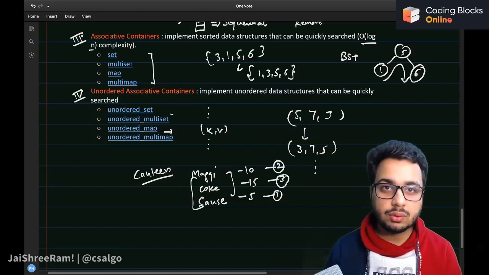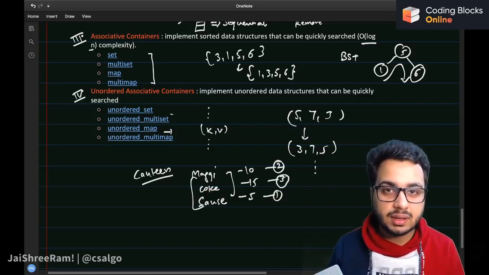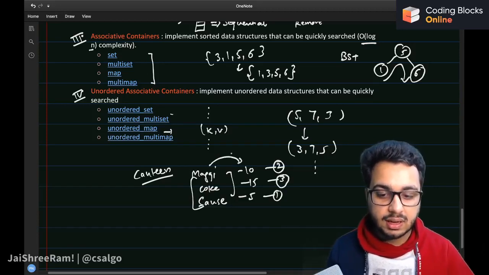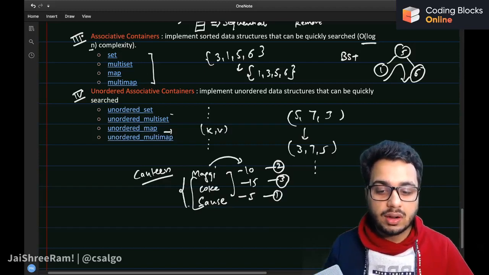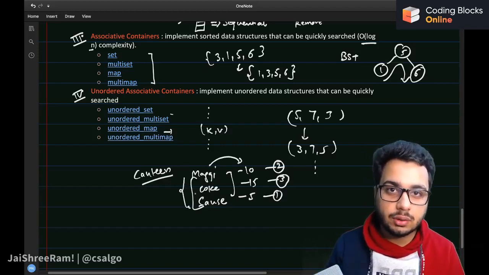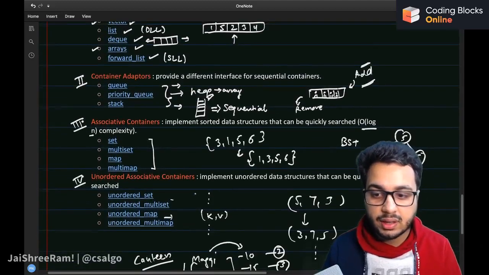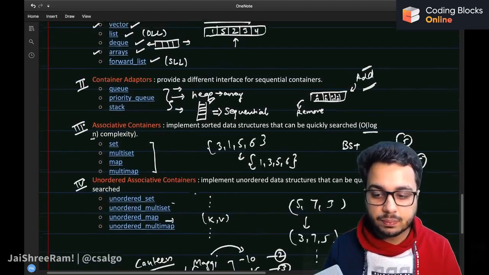The goal was to get the prices of all these items. The order in which these prices are coming is not important. You are able to make a mapping between key and value, but the order in which the items are printed on the bill is not important. In that case, you can use unordered associative containers.